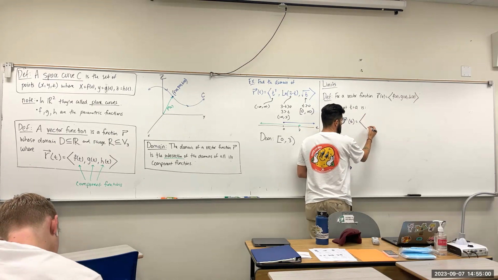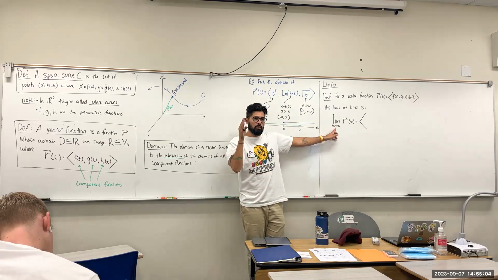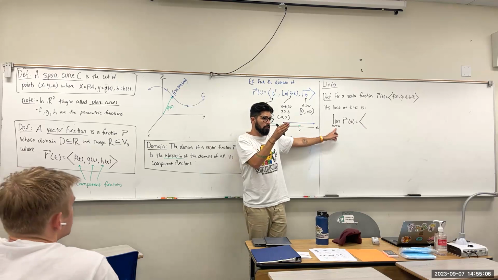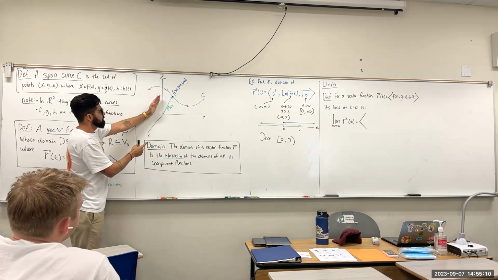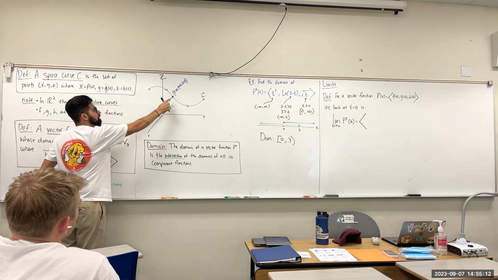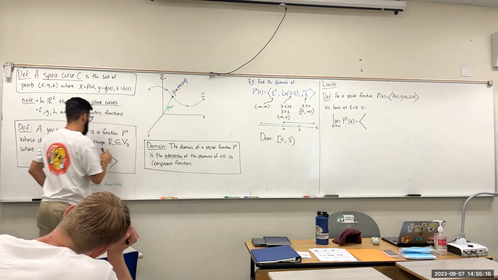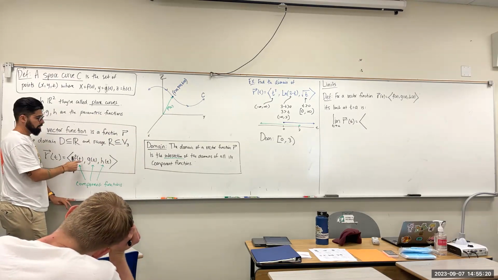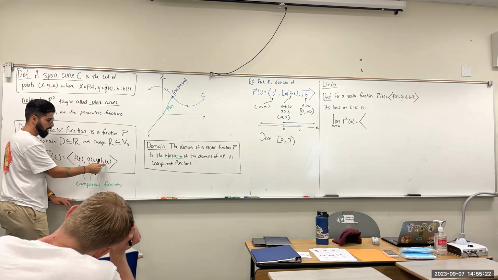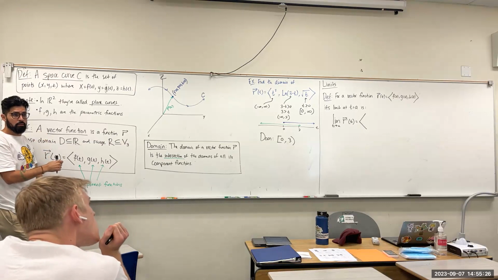Remember, if you remember limits, it just means t is getting close to a, right? So what you're looking at is the vector, and basically what point it is approaching. I need to know the behavior of what f of t is approaching, g of t is approaching, and h of t is approaching as t gets closer to a.